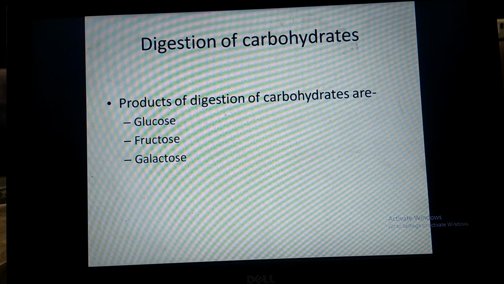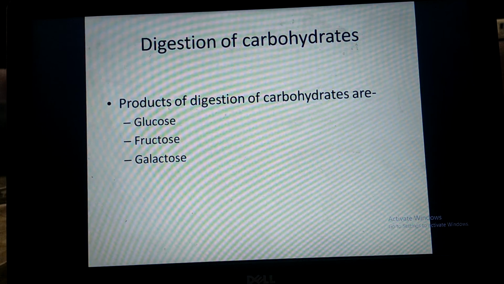So products of digestion of carbohydrates are glucose, the main product, fructose and galactose. So in this way, polysaccharide, that is starch, and the disaccharides sucrose and lactose present in the diet are converted into monosaccharide. So this completes the digestion of carbohydrate in small intestine.